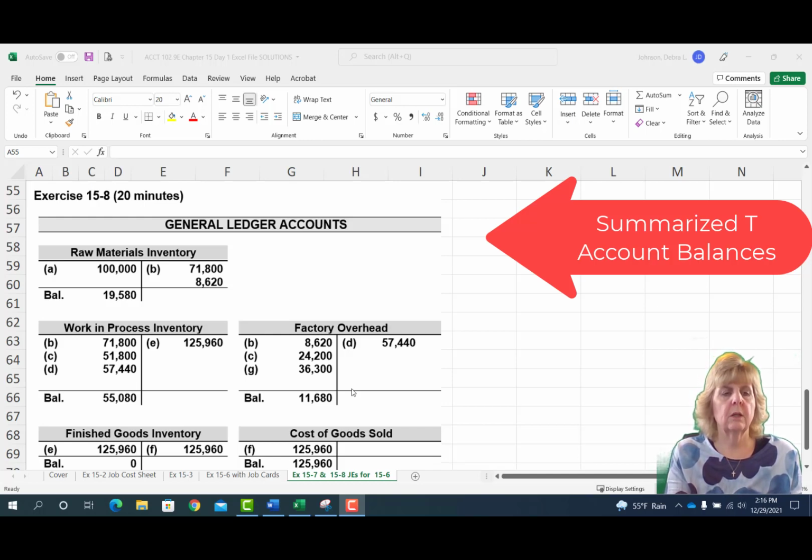So on the screen, you'll see balances for raw materials inventory, for WIP. Remember that ending balance in WIP relates to the unfinished goods in the factory.